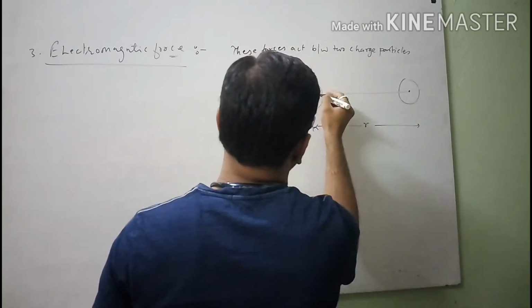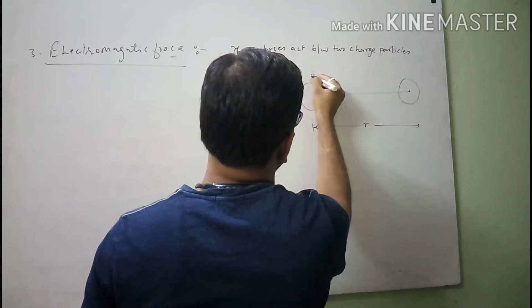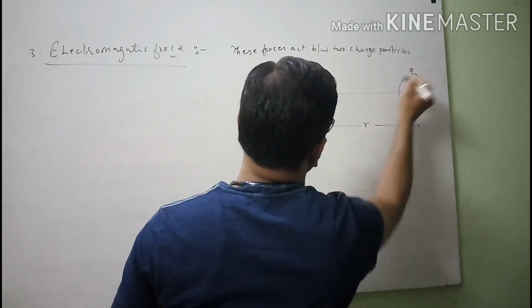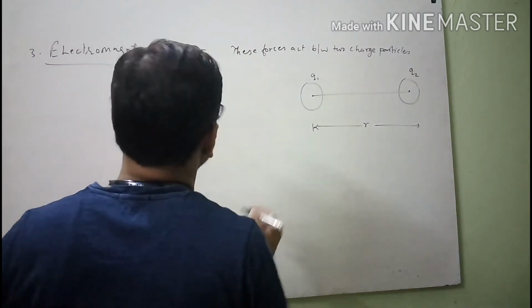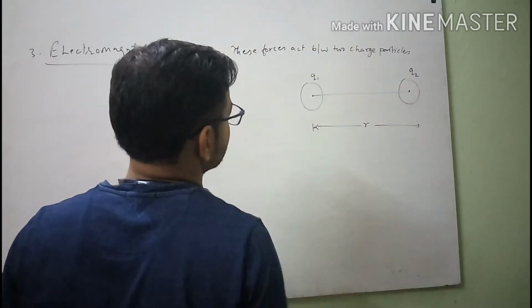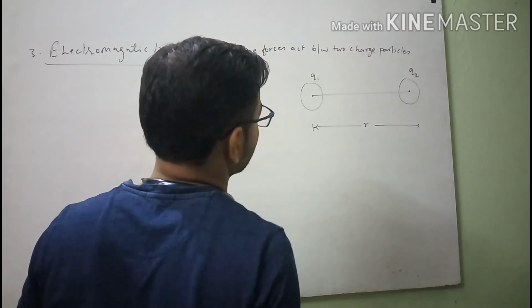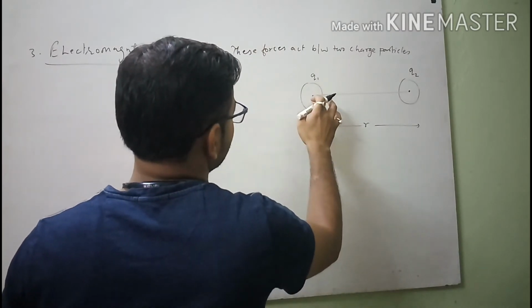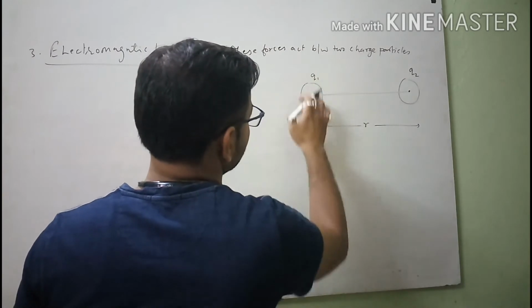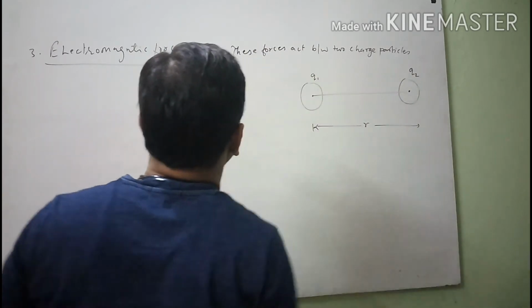Suppose this one is our charge q1 and this one is charge q2, placed at distance r, and these are the centers, because these forces are also central forces, so the force acts from the center of one charge to the center of the other charge.